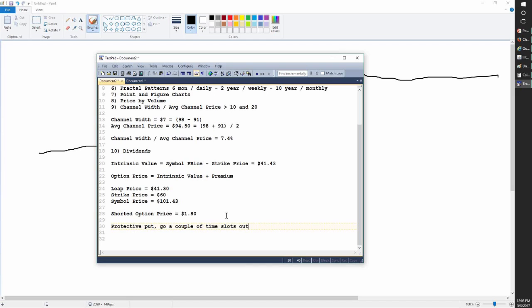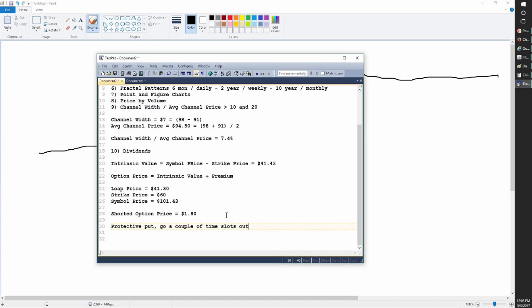And so what's nice about that is if you go out with an August protective put, say for instance it's around earnings season, or around the time when dividends are released, you may want to put your protective put in place. After the fear is past, you may want to take it back. When you go a couple months out, maybe 3 months out, 3 time frames out, you'll be able to sell that put back and recover a good portion of the value you paid for it.